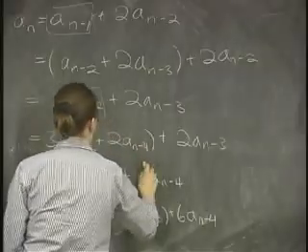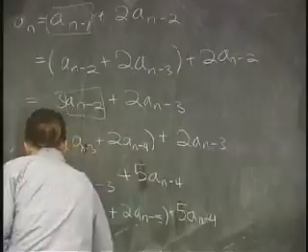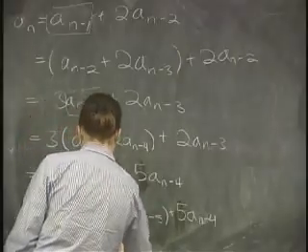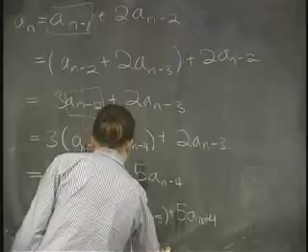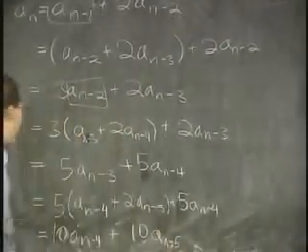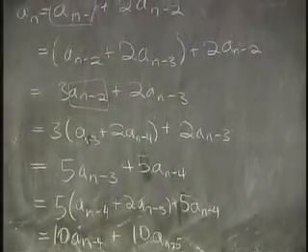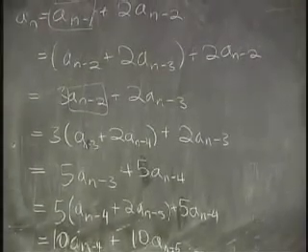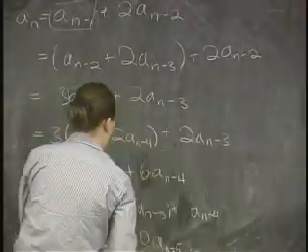It's not, because I added wrong. 10a_{n-4} plus 10a_{n-5}, so 5a... minus 1, not 6. Had I done that right? Isn't it 3a_{n-3} plus, oops, oh, this is 6.